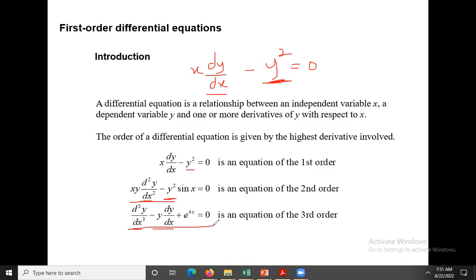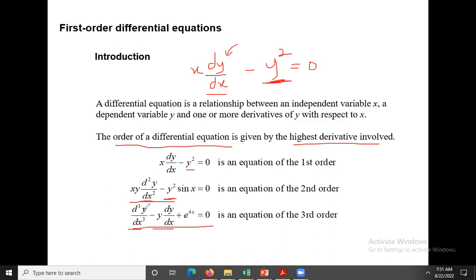Now, the next thing we need to understand is the order of the differential equation. When we talk about the order of a differential equation, that is given by the highest derivative involved. So in this equation, the highest derivative involved is the first derivative.